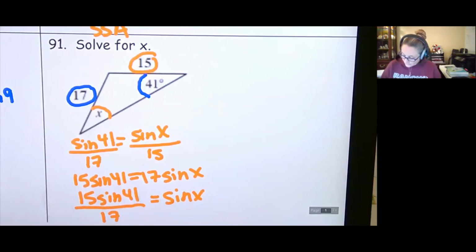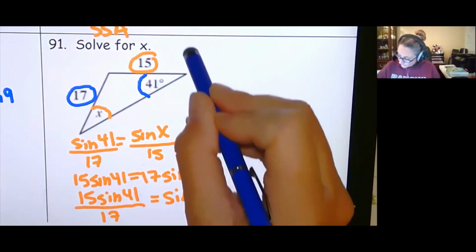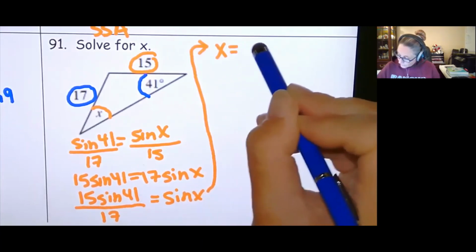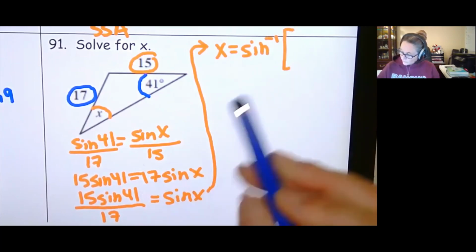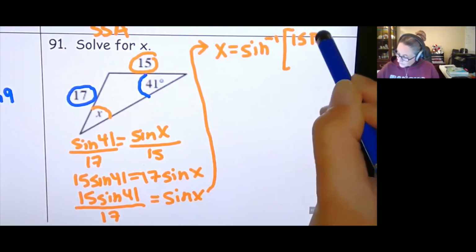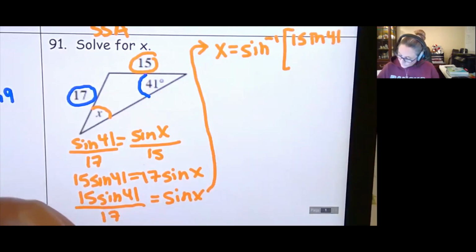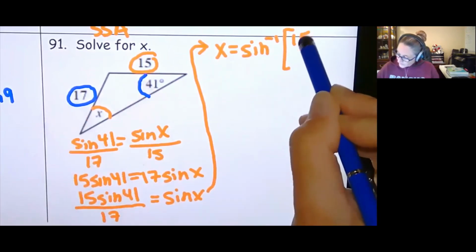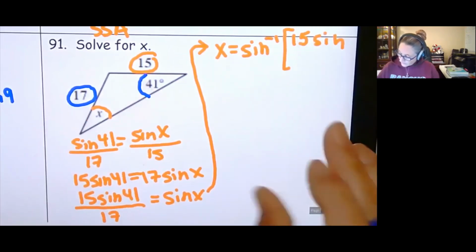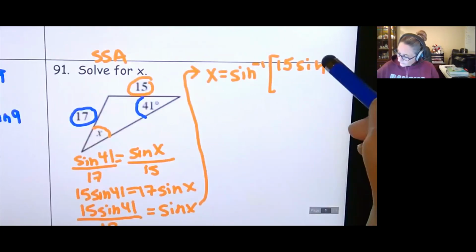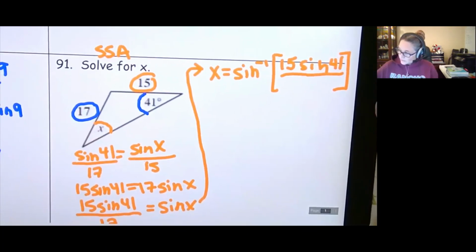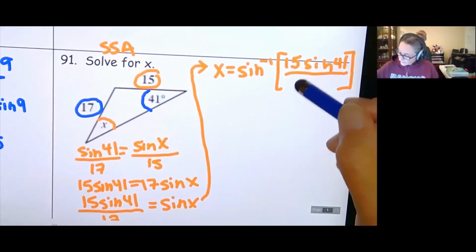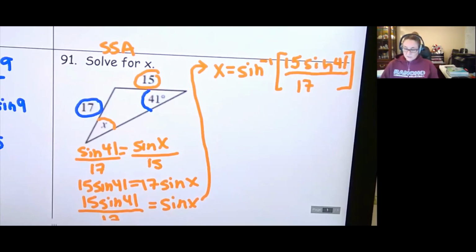So x is equal to sine inverse of this whole thing, 15 sine 41 over 17. Whoops, that's a 15, I forgot my 5. Okay, I put that in my calculator.